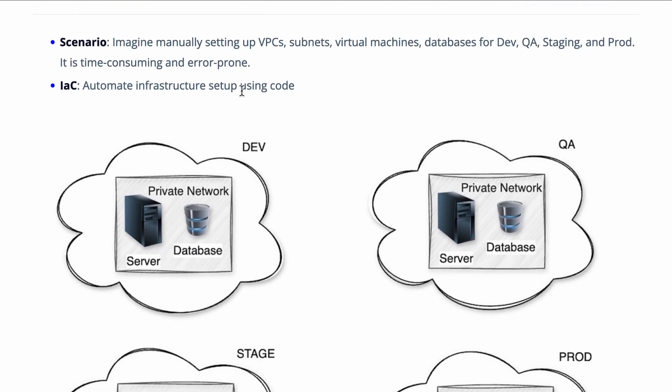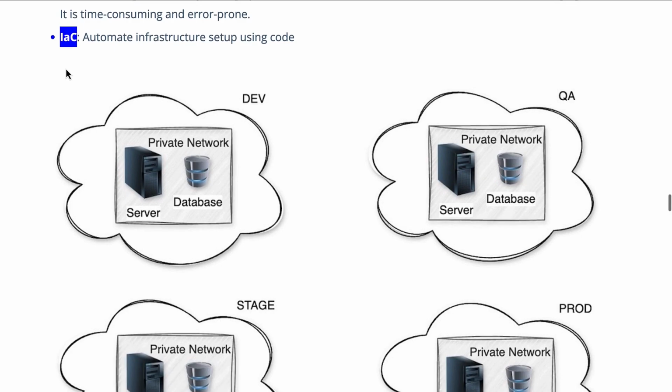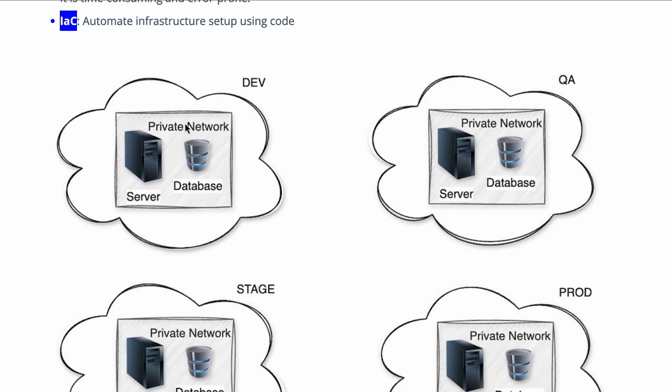So doing this manually, setting up VPCs, setting up subnets, setting up virtual machines, databases for thousands of instances across multiple environments is time consuming and error prone. That's where we go towards infrastructure as code. How about automating the provisioning of infrastructure and configuring the infrastructure using code?